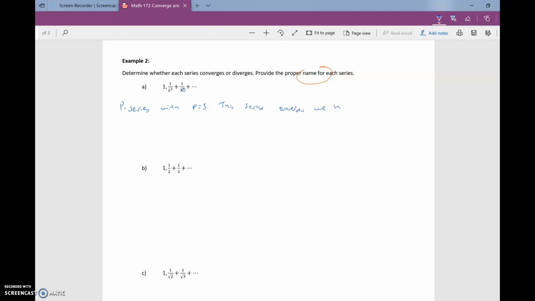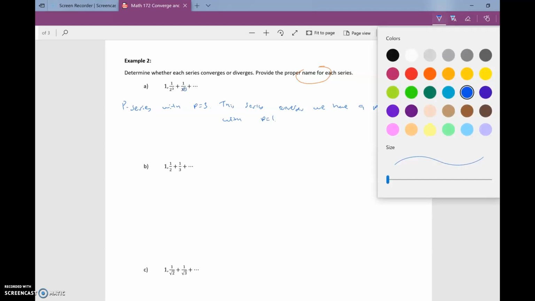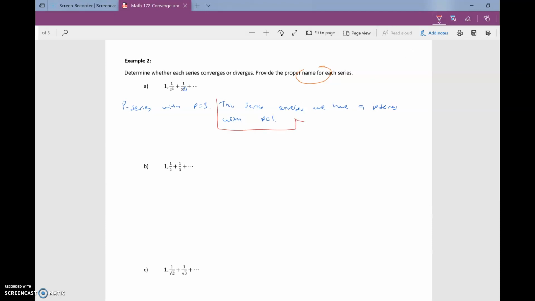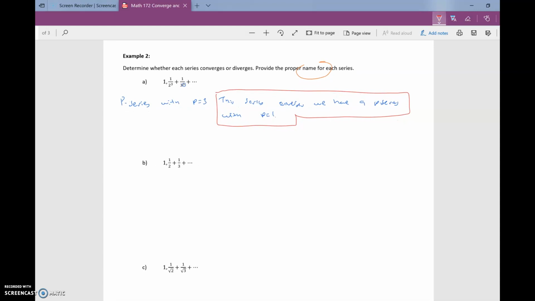We have a p-series with p equal to 1. And that's actually it. All I want you to do is basically recognize and determine if it's going to converge or diverge. Let's take a look at the second one.